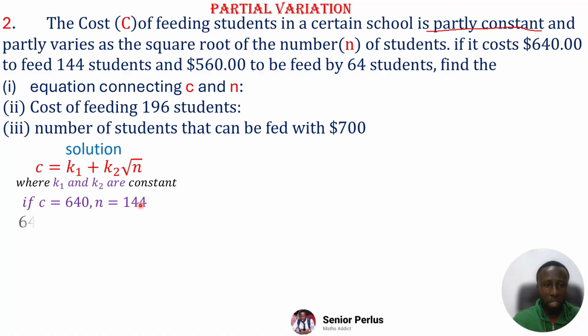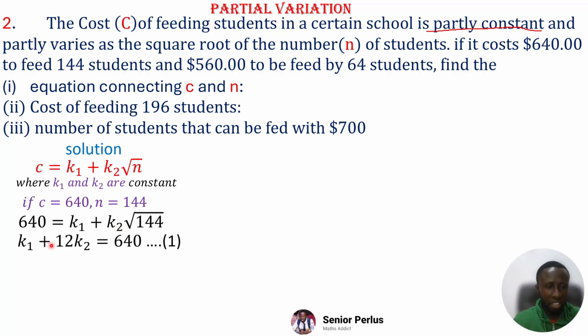Substitute into the equation, then simplify: the square root of 144 is 12. So this is equation 1.